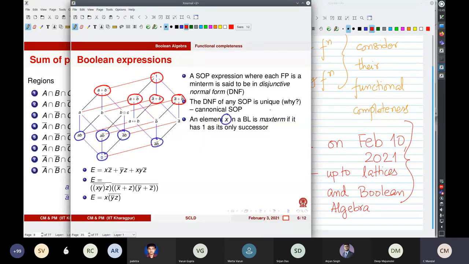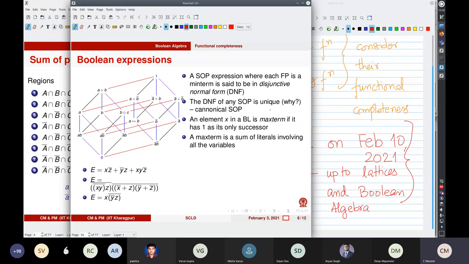This min term is a product involving all the variables, and this is a sum. A max term is a sum involving all the variables. So that is what a max term is. Now, similar to a sum of products, we have already seen what is meant by a sum of products.